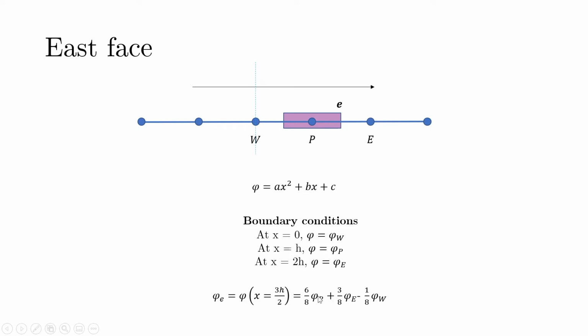If you observe the formulation that we get, 6 by 8 weightage is given to the upstream point, 3 by 8 weightage is given to the downstream point, and negative 1 by 8 weightage is given to the second upstream point. This holds true in all directions in the QUICK scheme, and you can write similar expressions if you have a multi-dimensional system as well.